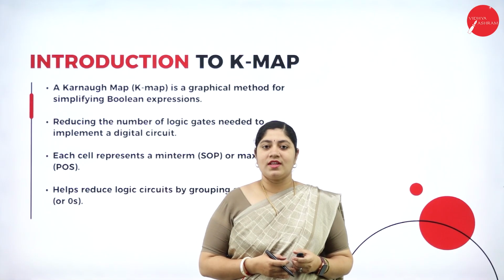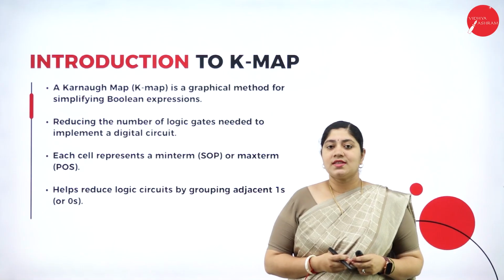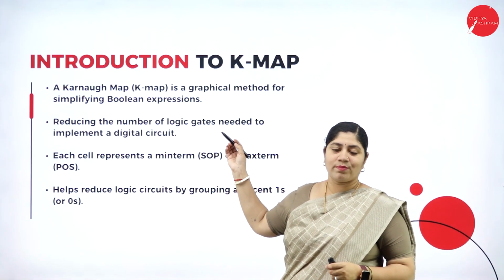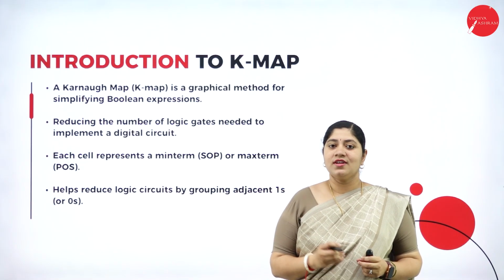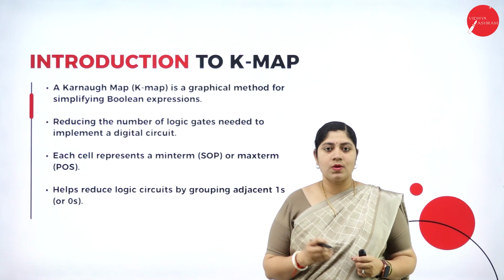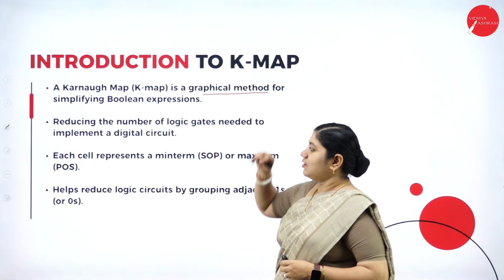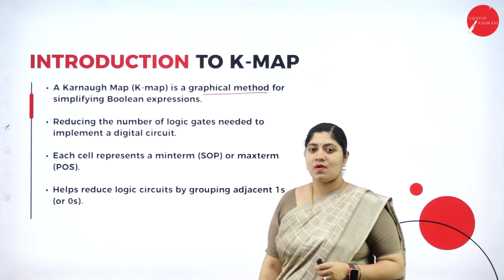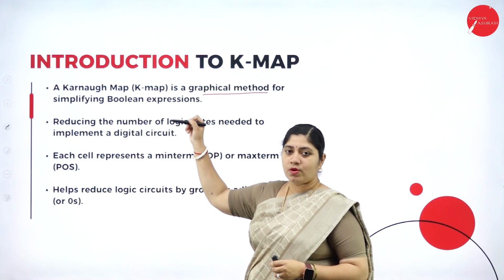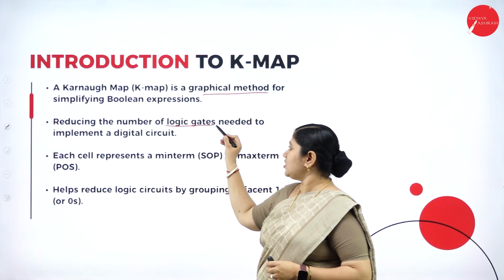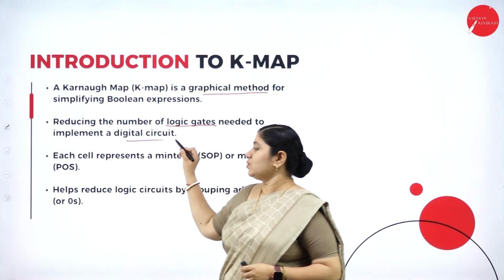All right, let's understand what exactly a K-map is. K-map is a short form of Karnaugh map. We can say this is one of the easiest techniques, and the best technique, in order to minimize or simplify Boolean expressions. It is a graphical method of simplifying Boolean expressions. We can use this K-map in order to reduce the number of logic gates required to implement digital circuits.